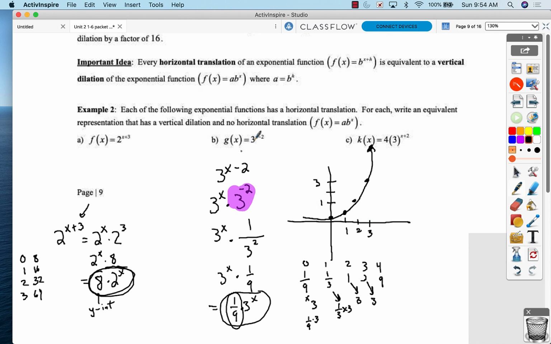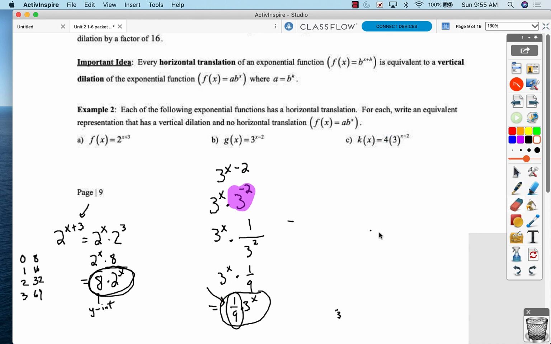So that'd be like the graph of that thing. You could look at this versus 3 to the x, or 3 to the x minus 2. There's a horizontal translation of plus 2, which is equivalent to a vertical dilation of 1 over 9. Okay? I'm doing a little extra, but I'm just showing you my thought process of how this stuff starts working.